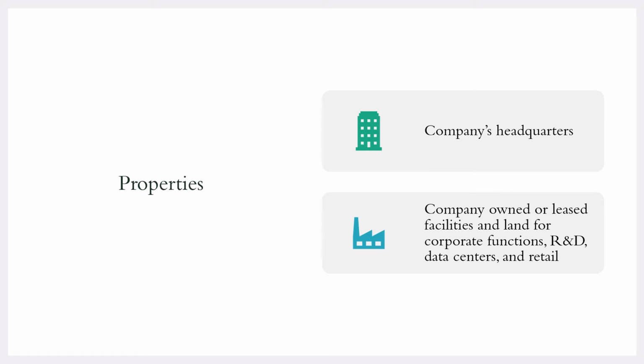So the only properties that Apple owns or leases are their company headquarters, which is located in Cupertino, California. Apple also owns or leases facilities and land for corporate functions, research and development, data centers, and of course all their retail stores that they have located throughout the United States and globally as well.